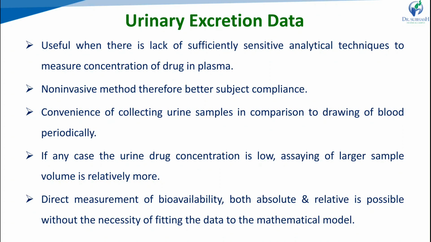So a less sensitive analytical method is required compared to finding the drug concentration in plasma, where the sample amount is large and a sensitive analytical method is required. Direct measurement of bioavailability, both absolute and relative, is possible without necessitating fitting of mathematical equations or models.